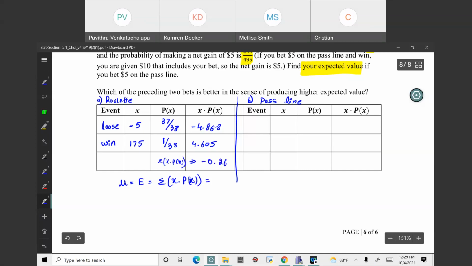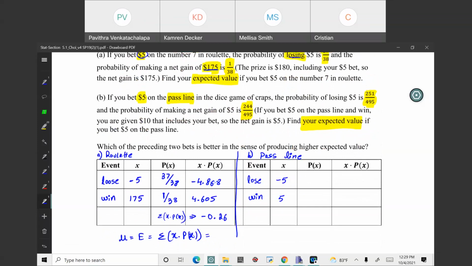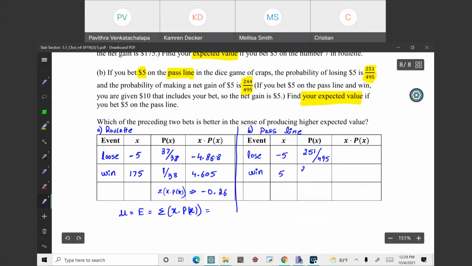Now here also we have two things, lose or win. Now this is for the pass line game, second table. Here if you lose, you will be losing $5. If you win, you will be winning $5. This information I got from the question. The probability of losing is 251 by 495, and the probability of winning is 244 by 495.